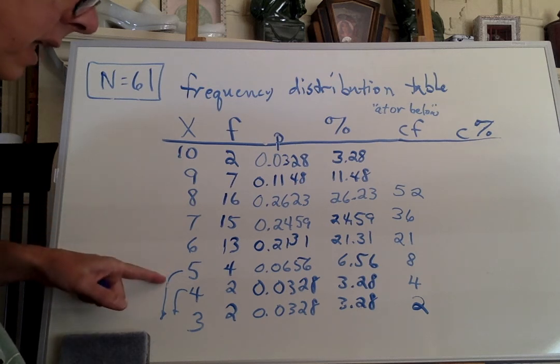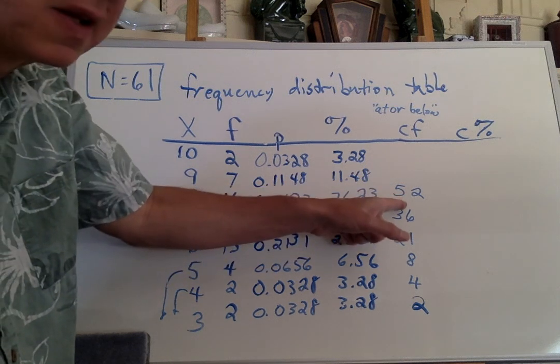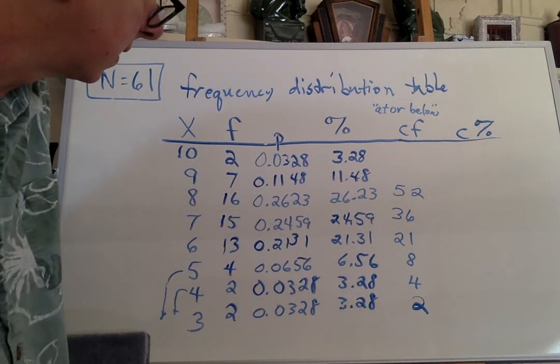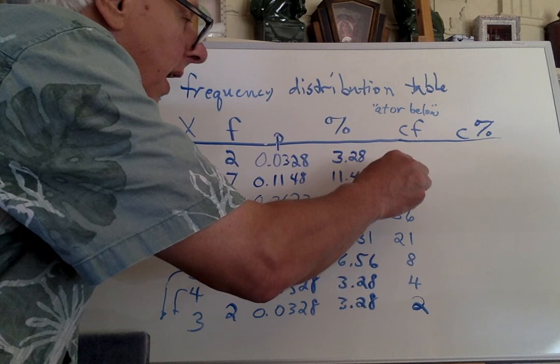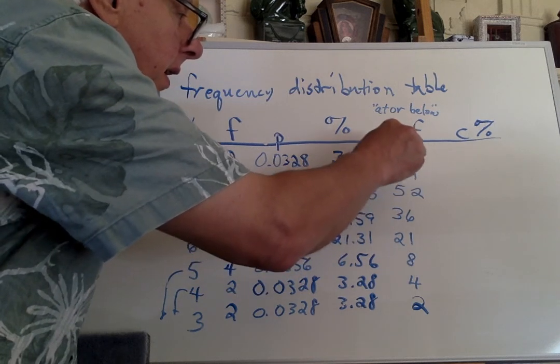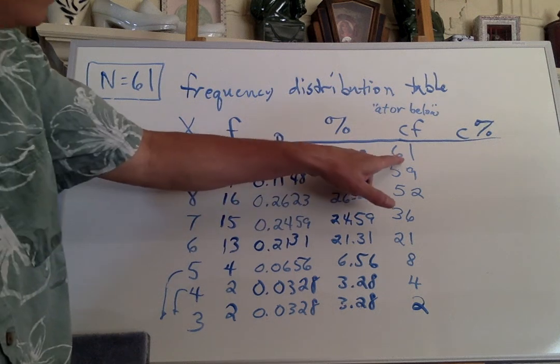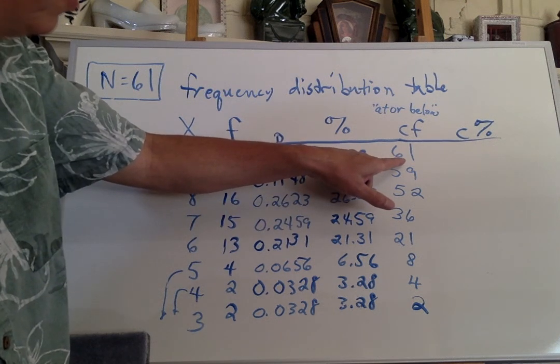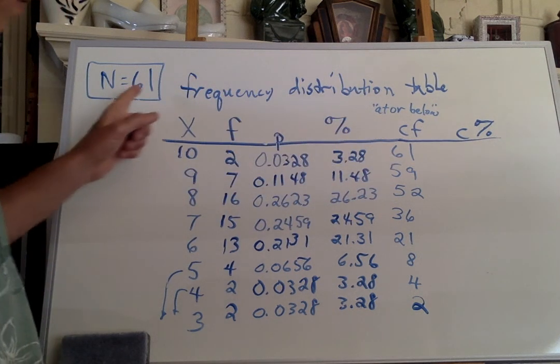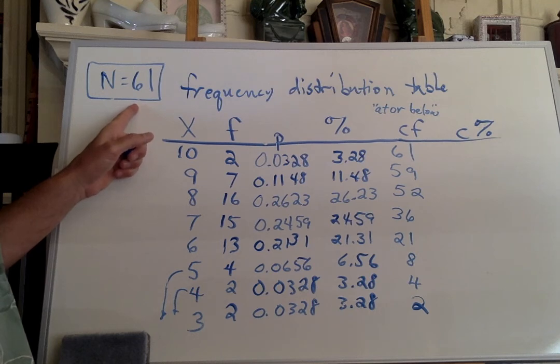Okay, so this is a bucket. This is a basket filled with frequencies. And then 59. And then, of course, once we get to the top, this total cumulative frequency has to be equal to this.